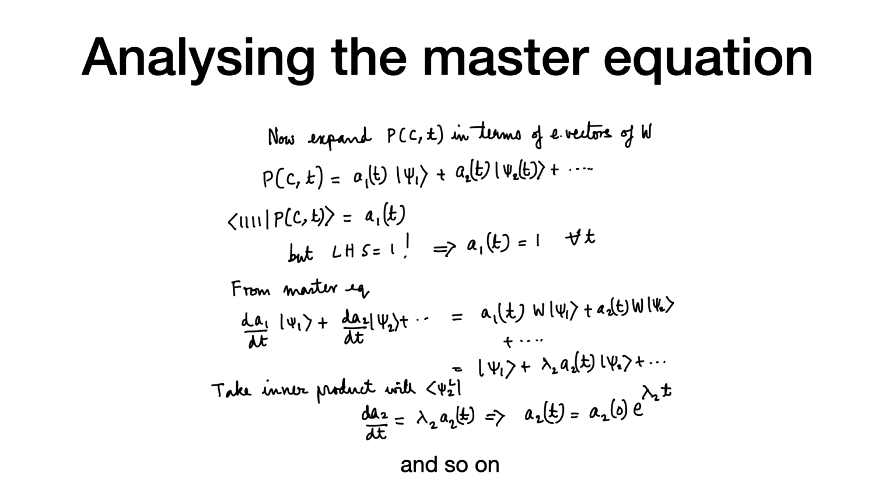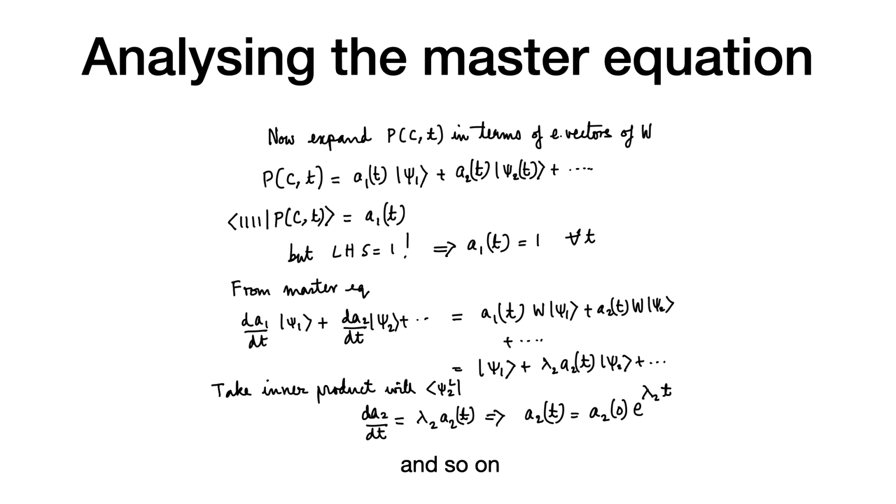Therefore, I can solve for A2 if I know the initial condition. A2 of t is A2 of 0 times e to the power lambda 2 t. Like that, for A3, A3 of 0 times e to the power lambda 3 t. But this A2 of 0 is just fixed by the initial condition.